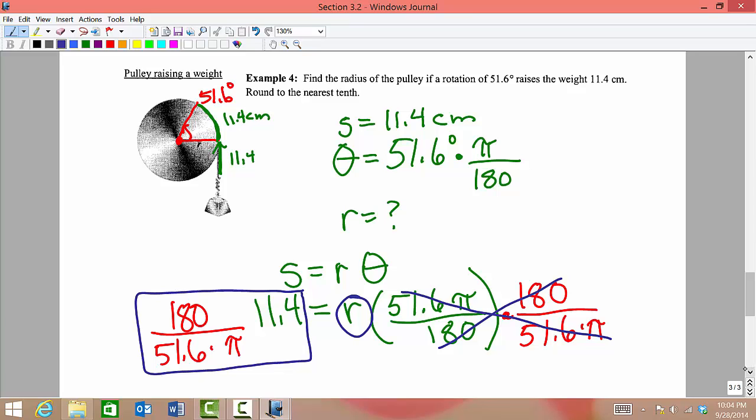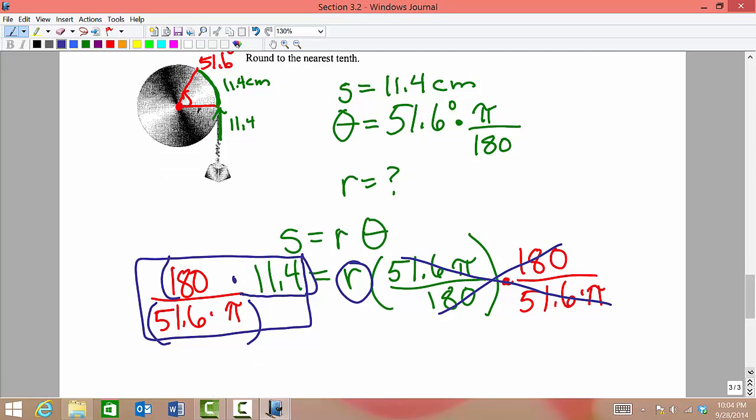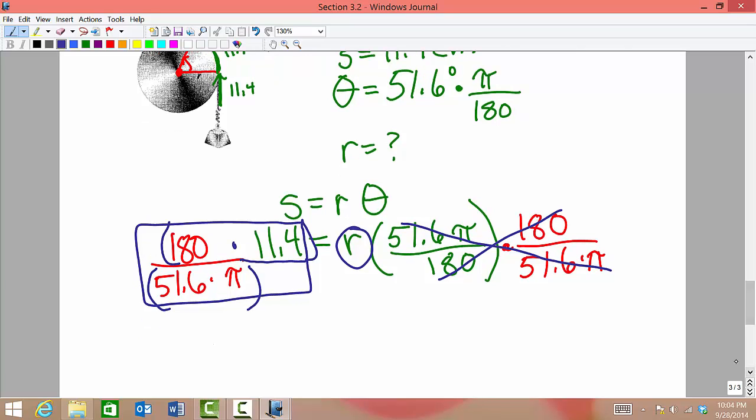We're asked to round to the nearest tenth, so make sure you do top times the top. So we're going to basically be multiplying 180 times 11.4, and I recommend that you put parentheses around the numerator, divided by, and now we're dividing by more than one thing, so we want to also put the bottom in parentheses as well. So what you should have in your calculator should look something like this.